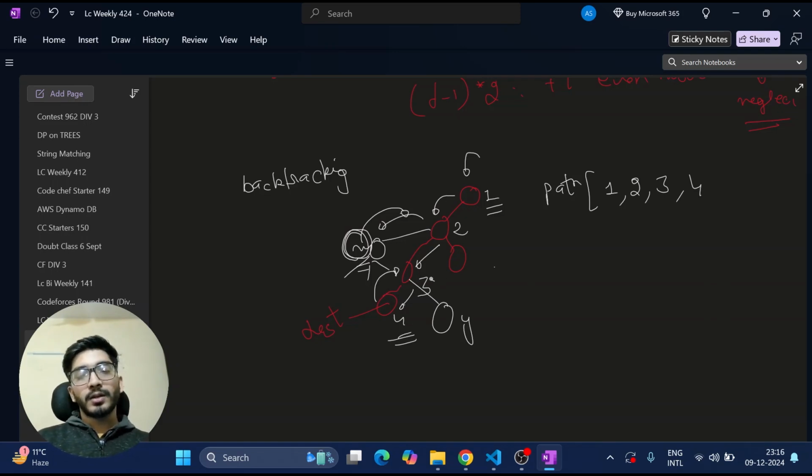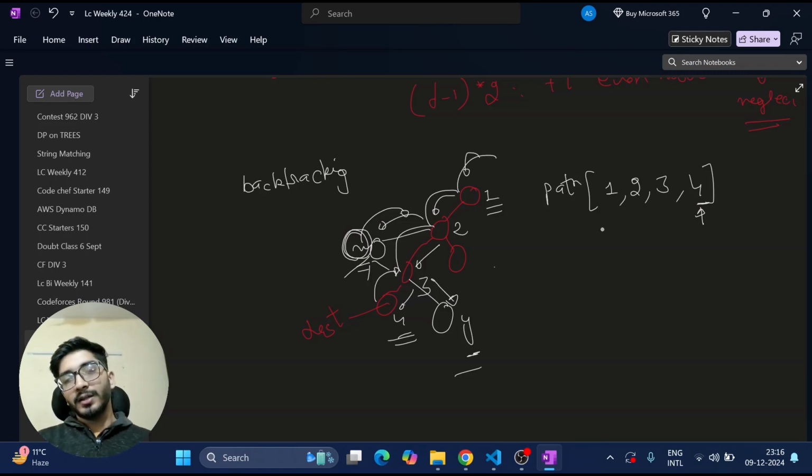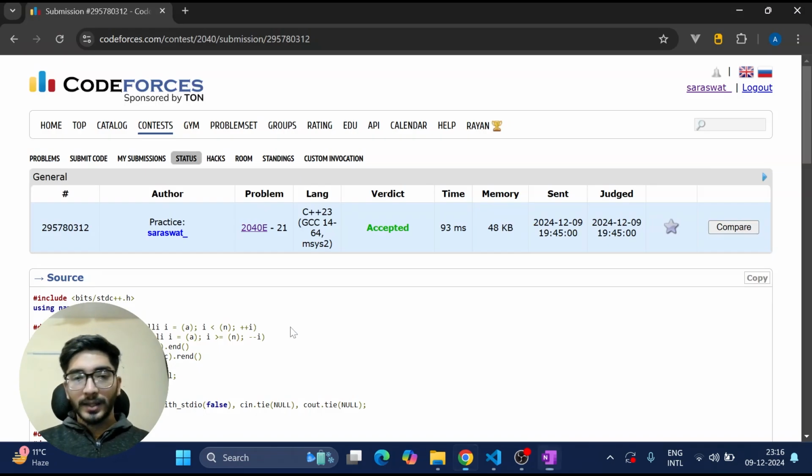For this particular 3, this DFS call is still running, but we know that at the end of our path 4 is present, which is already a destination, so we are not gonna go more into this DFS calls, and we'll just return from here. For 2, we will return, and so on, we'll return back, and this will be filled like this, which is nothing but our path.